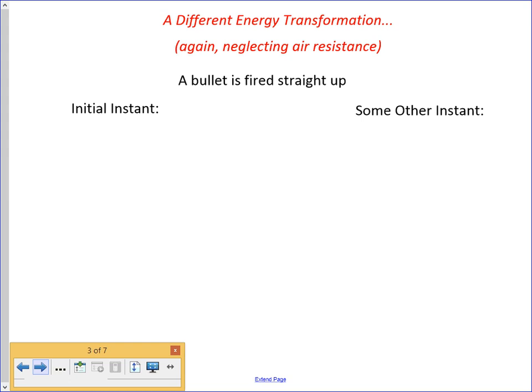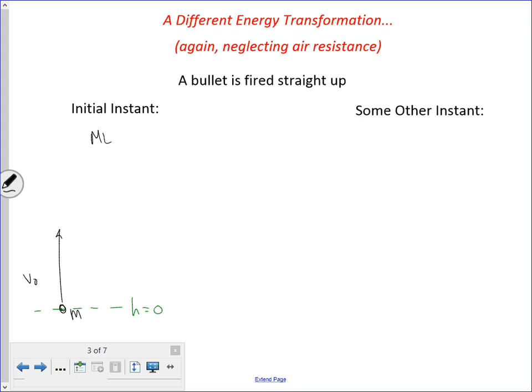Here's a bullet fired straight up, and again, let's look at total mechanical energies. So here's an initial instant. This thing has a speed v naught and a mass m. Let's say it's at what I decide to call height 0 at the very beginning.